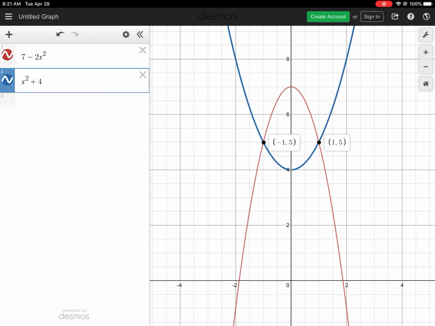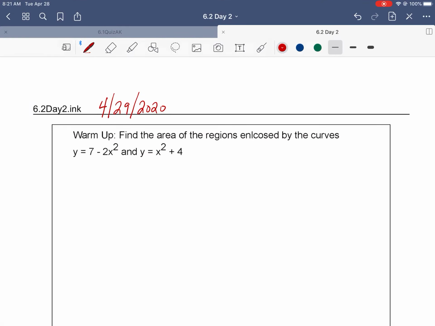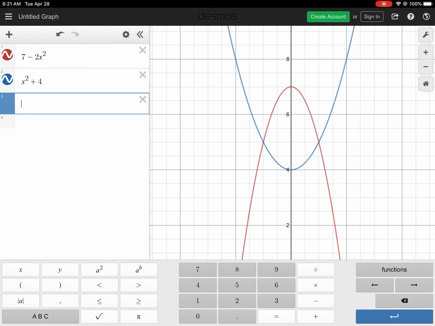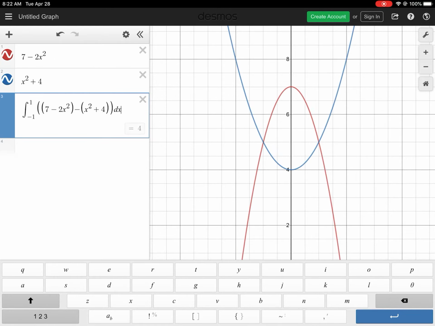So 7 minus 2x squared minus x squared plus 4 from negative 1 until 1. Put that in here, and you get 4.